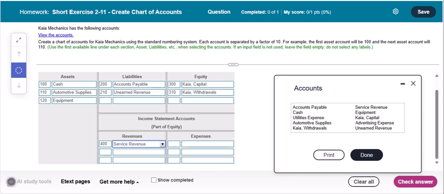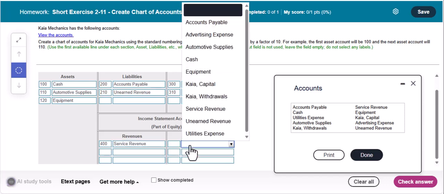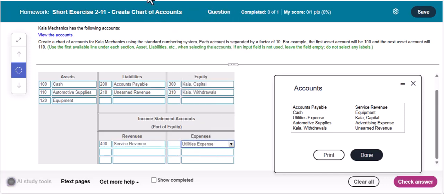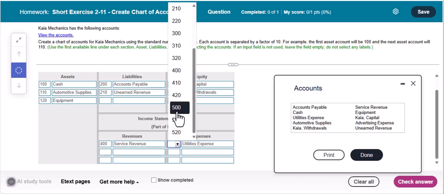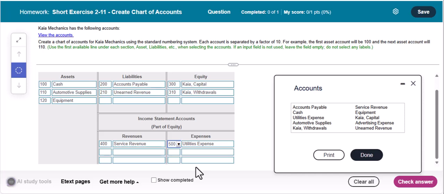And then we've got our expenses section here. So these are easy. They can be listed in any order. So I'll just list them in the order that we find them. So we have utilities expense first. And remember, these expenses always start at 5 here. So we'll go ahead and put 500 to start. And then our next one will be 510 if we have more expenses.